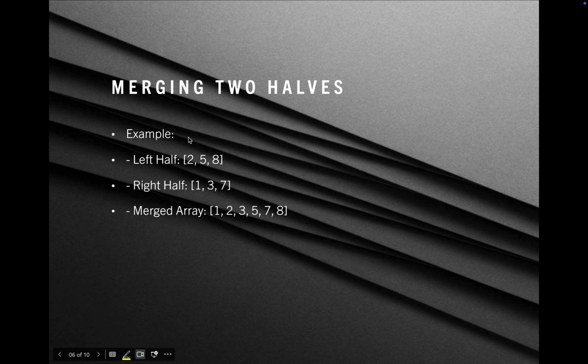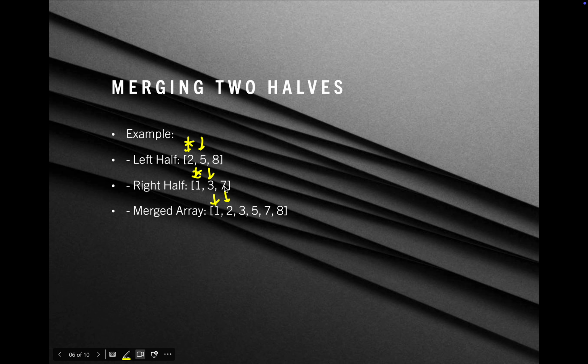Initially our left is pointing here and the right is pointing here. The first comparison happens between 2 and 1. As we know, 1 is smaller, so 1 is placed first and the right pointer moves ahead. Then 3 and 2 are compared. 2 is lesser than 3, so 2 goes into the merged array and the pointer moves to the next element.